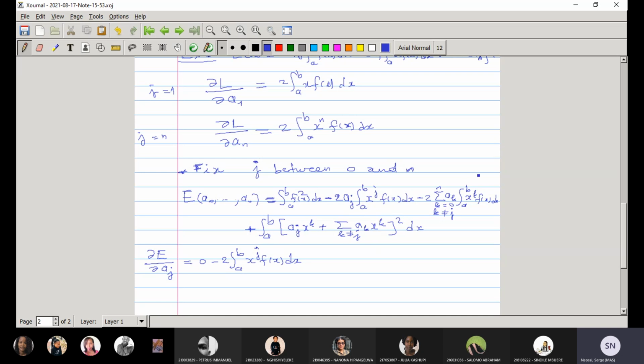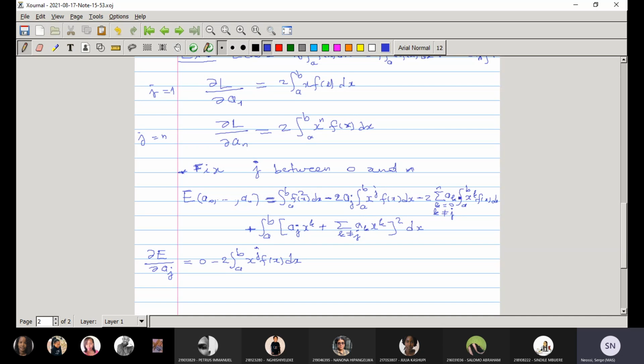Now, if I differentiate this, my aj is not there. k has all the other values from 0 to n except the value j. So if I differentiate with respect to aj, it will be 0 because a sub j is not present.